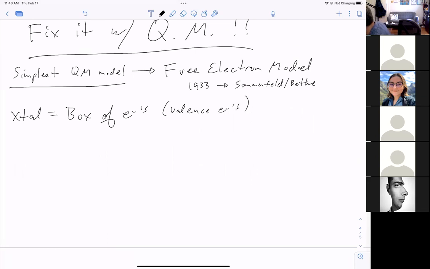But what we do is we ignore the cores, and we ignore the electron-electron interactions, the Coulomb repulsion between the electrons.